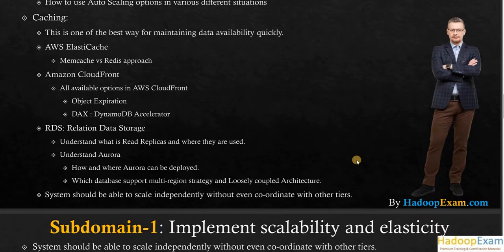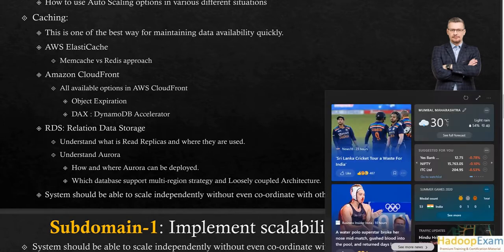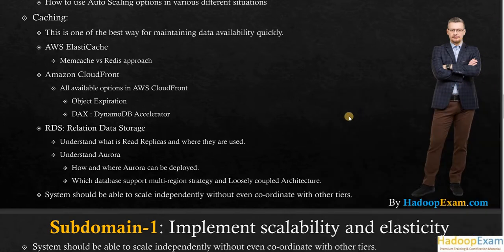Correct, you should know the relational data storage. This is the solution for AWS managed database services. You have been working with MySQL database and everything, correct? So how do you get this as RDS? This is managed by AWS itself. Using a few clicks, you should be able to initiate a new database solution for your requirement.